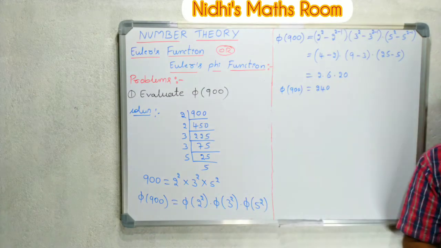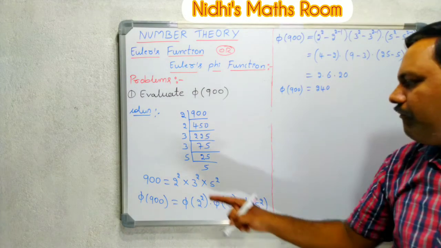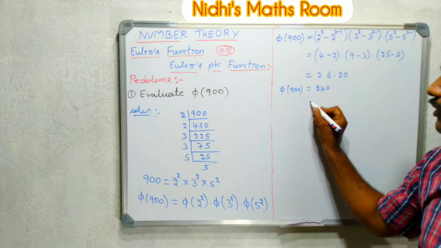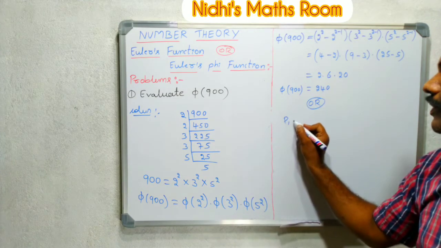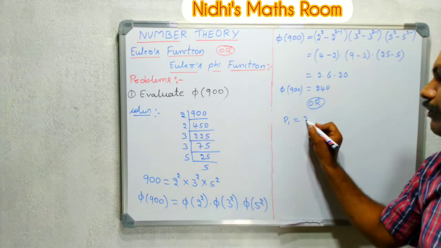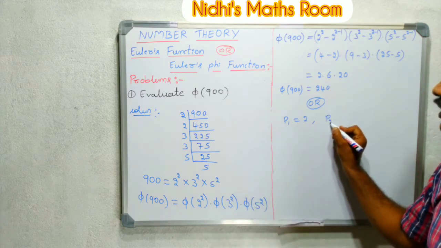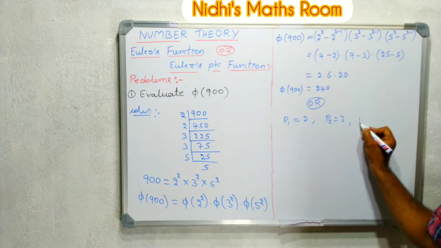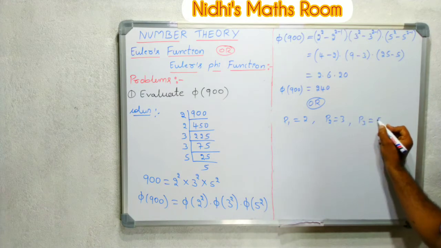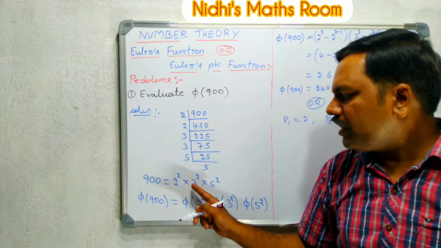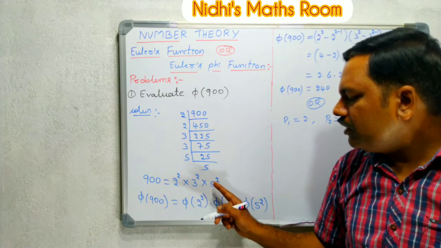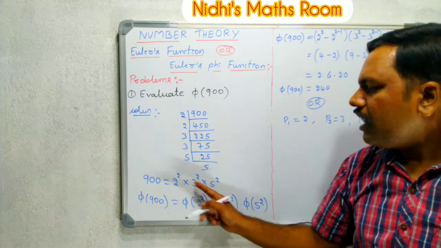Is it clear? So another type is, first you write the values of P1. P1 is equal to 2, P2 is equal to 3, P3 is equal to 5. ಅರ್ಥ ಆಯ್ತಾ ಹೇಗೆ ಅಂತ? It is in the form of P1 to the power of K1, P2 to the power of K2, P3 to the power of K3. ಆ ಫಾರ್ಮ್ಯಾಟ್ ಅಲ್ಲಿ ಇದೆ.